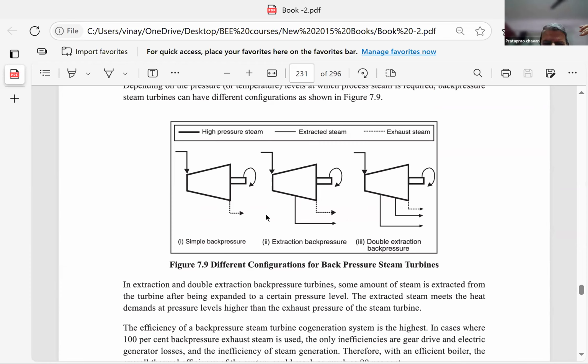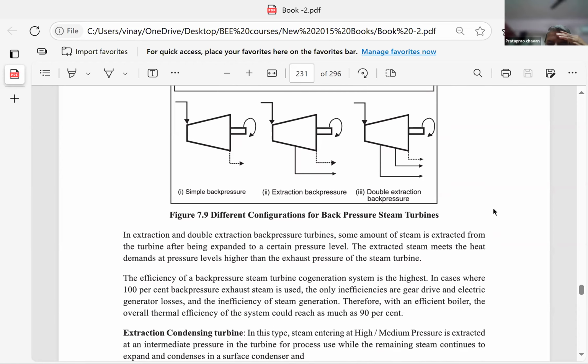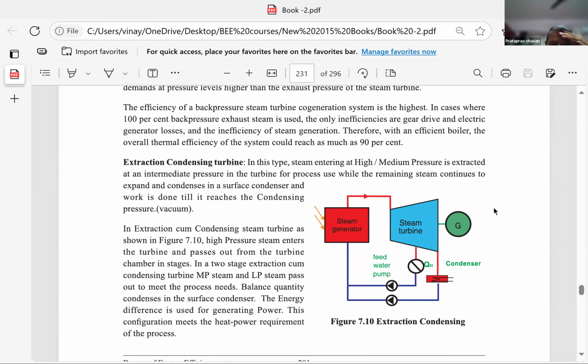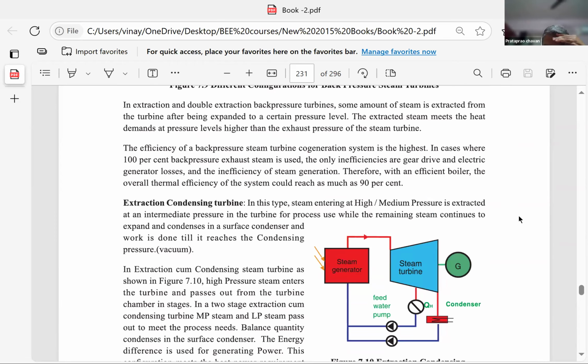This is the exhaust steam. This is high pressure, but it is not allowed to expand till last. In between, it is tapped for process. This is extraction back pressure. There are a number of points where it is tapped. This goes to the condenser, but prior to that, at this pressure, it is tapped and taken away for the process. That is what I explained to you. So these are different configurations of back pressure turbines. Extraction is allowed.